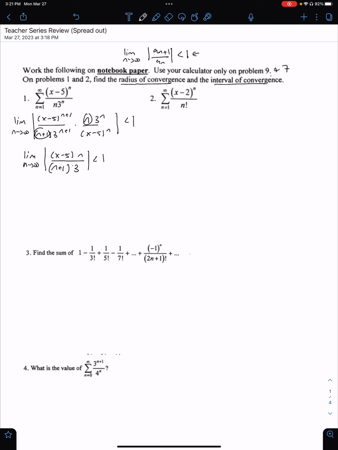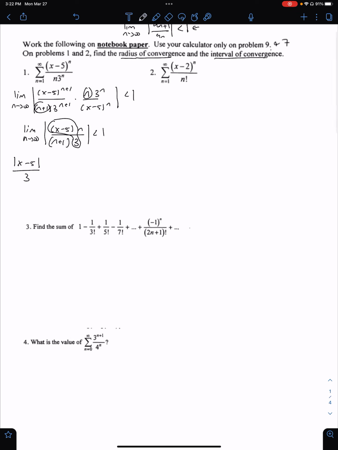Now we're only interested in as n goes to infinity, so we're really not worried about the x or the 3, so I can factor that out. That's going to give me the absolute value of x minus 5 over 3. And that's really nice for us since it's over 3. What's left on the inside is the limit as n goes to infinity.